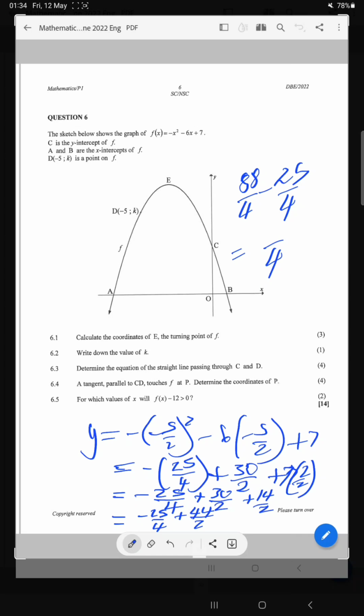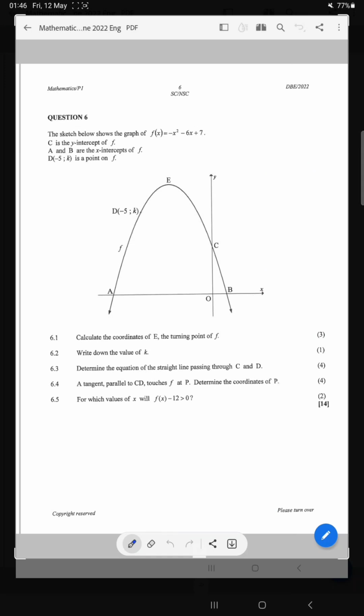Minus that number is going to be 63 over 4. Therefore, that will be the value of P: minus 5 over 2 and 63 over 4.